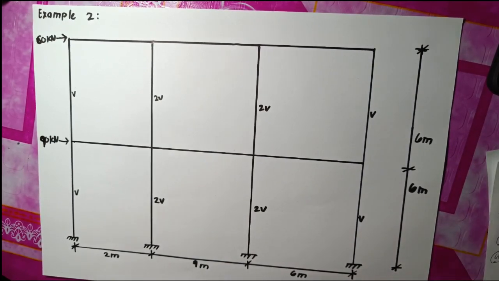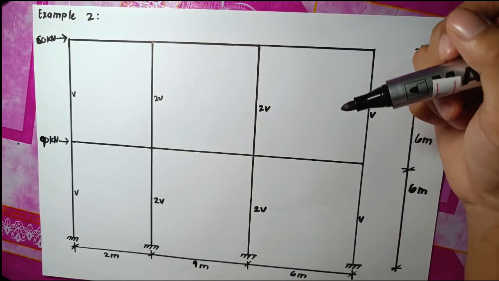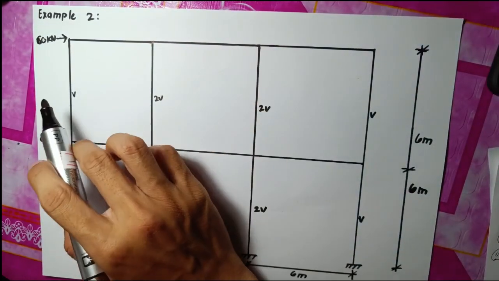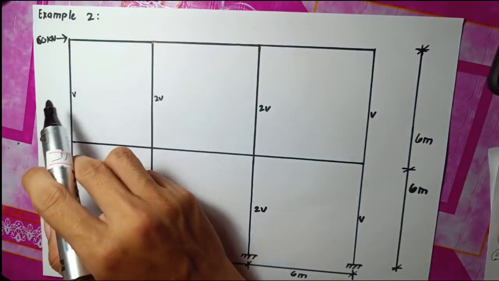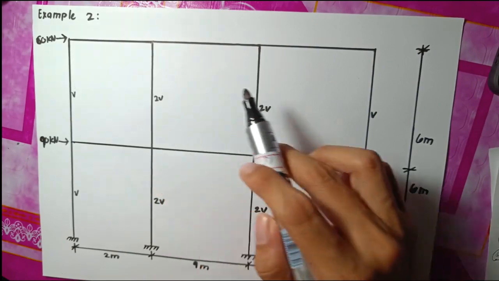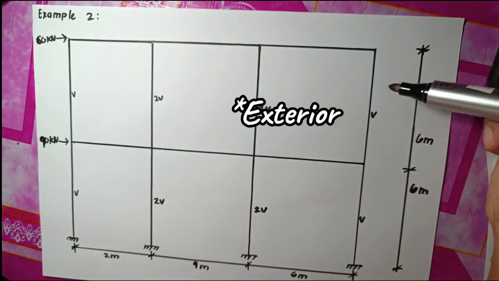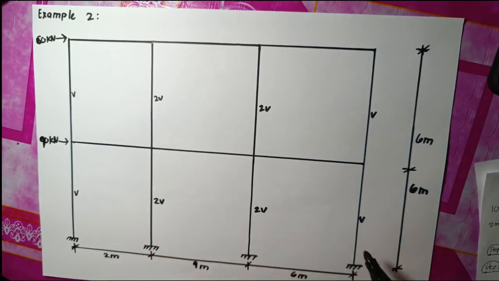First, we must get the column shear. The interior column has single shear, the exterior twice the shear, and the interior has single shear. Same goes for the lower floor of the building.